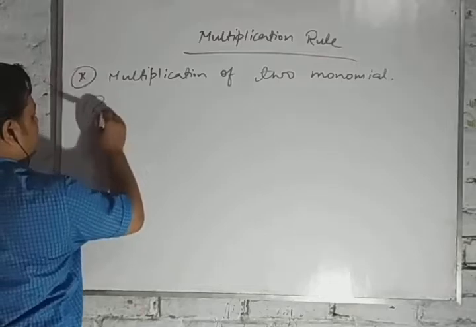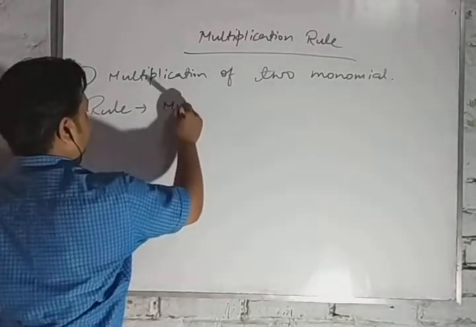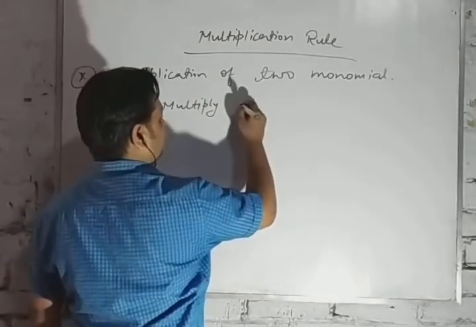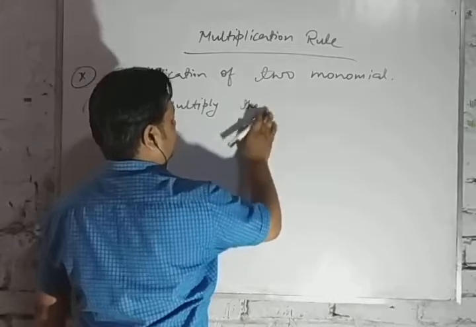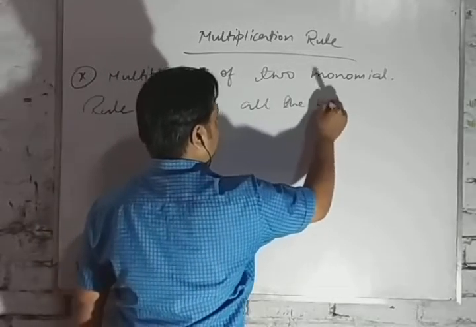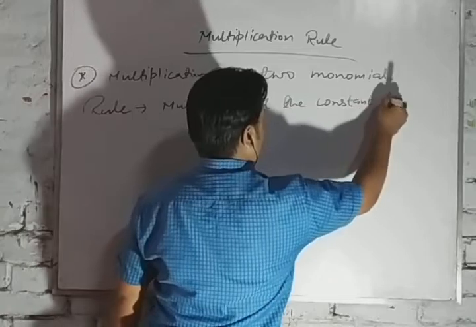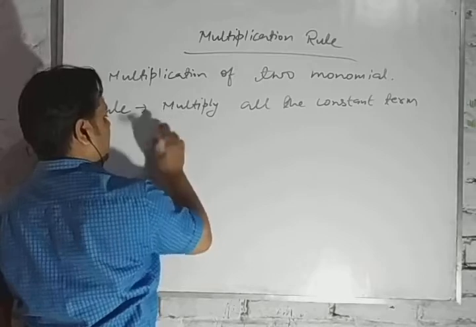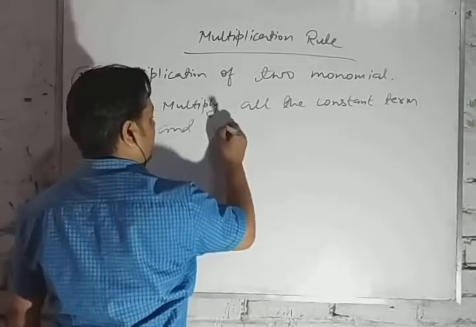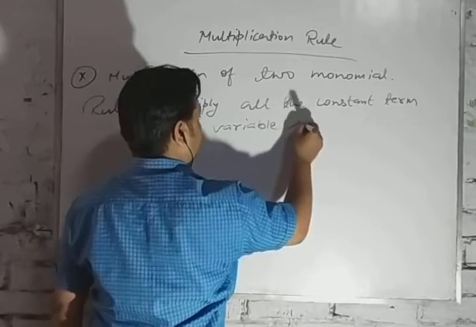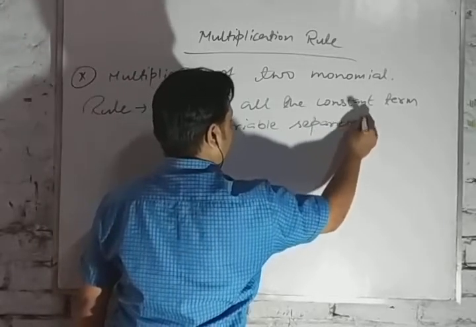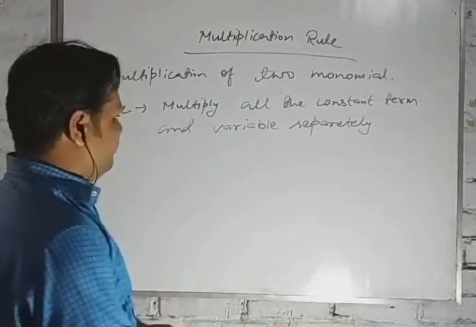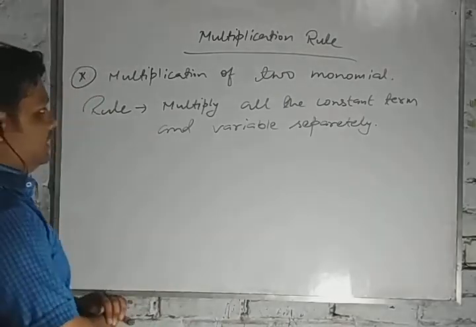Okay, the rule is: multiply all the constant terms and variables separately. That is, we have to multiply all the constant terms and variables separately. This is the rule. Let's see the example.